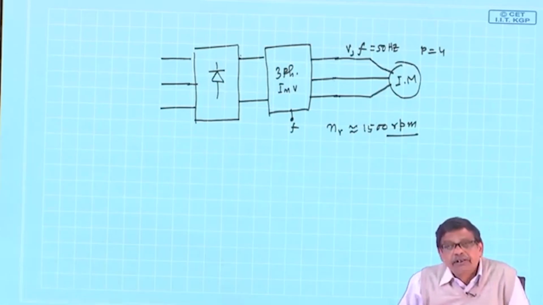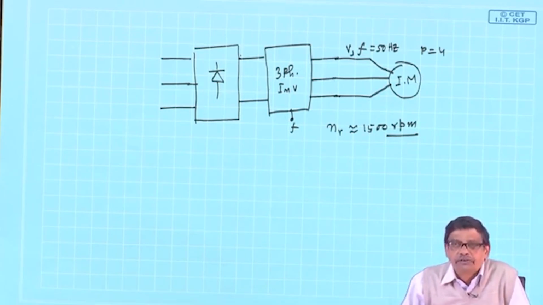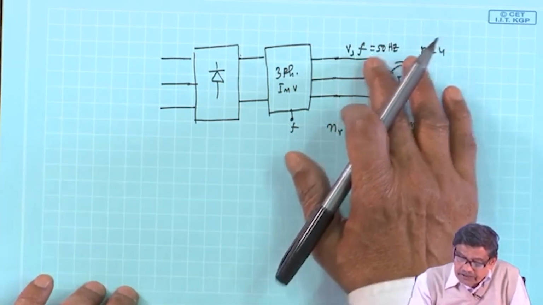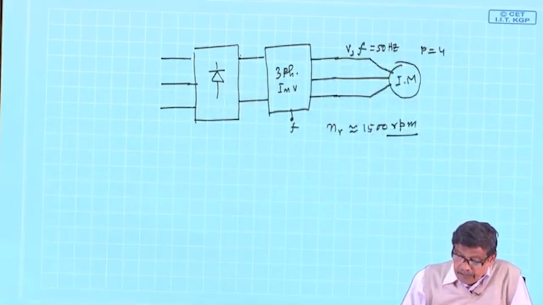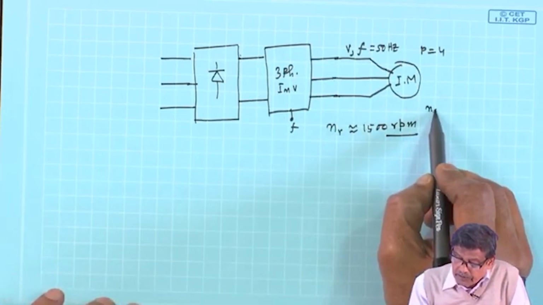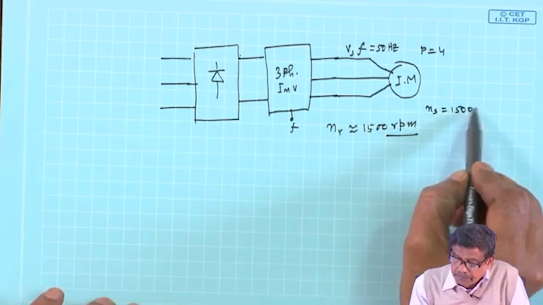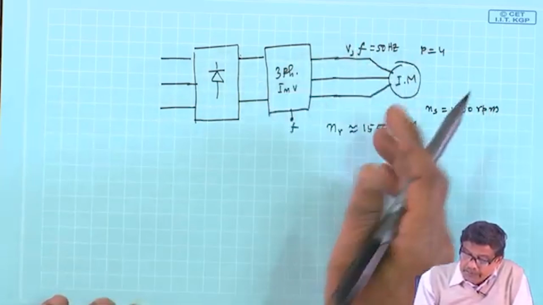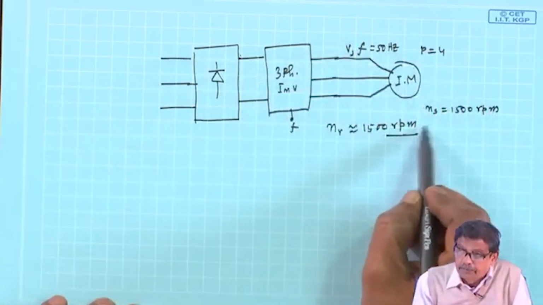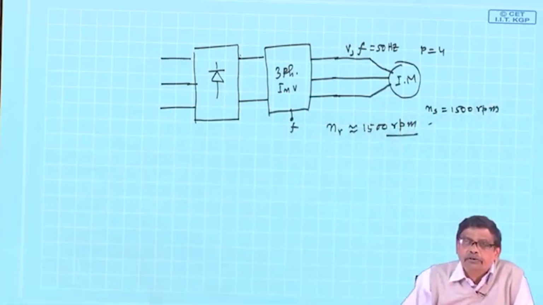Should I decrease the frequency alone? No. The supply voltage is also to be reduced in the same proportion so that the flux remains the same; that is one requirement. But in any case, suppose I reduce the frequency to 25 hertz. Here the synchronous speed was 1500 rpm, and the machine was running at 1500 rpm, slightly below it.